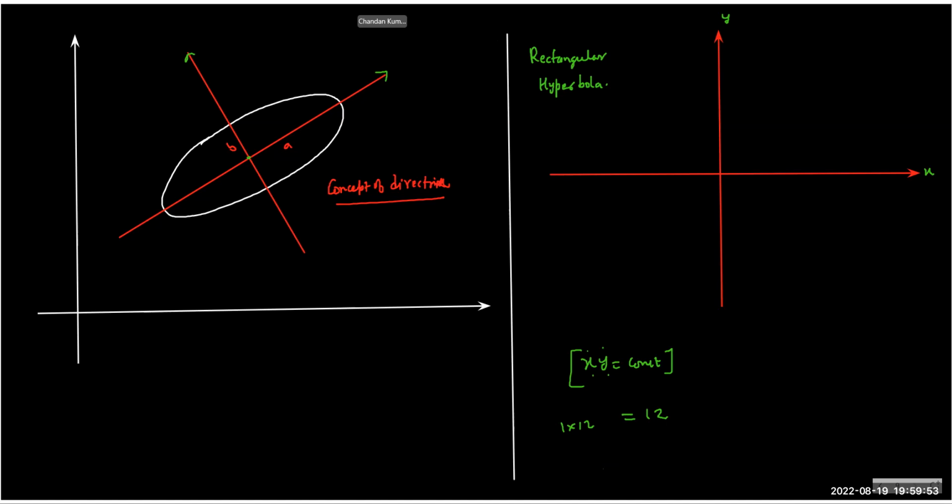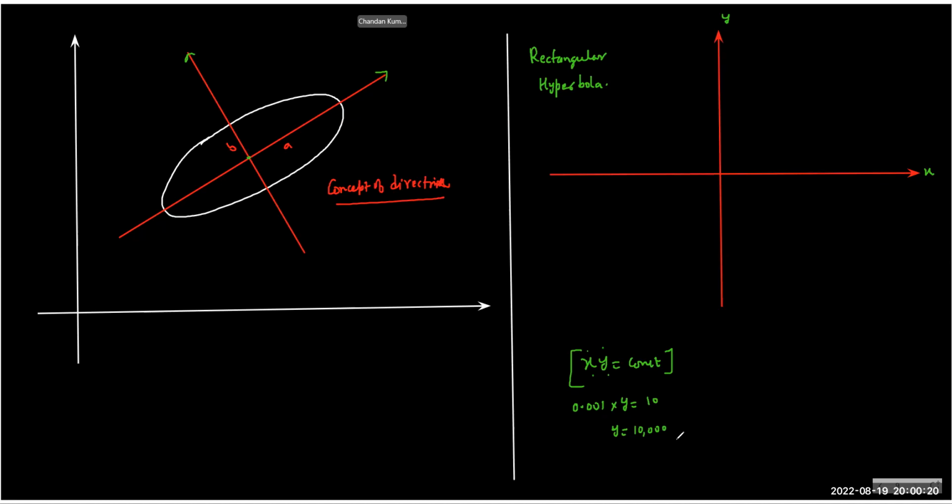If x is 0.001, how much should y be to get 10? So y becomes 10,000, isn't it?